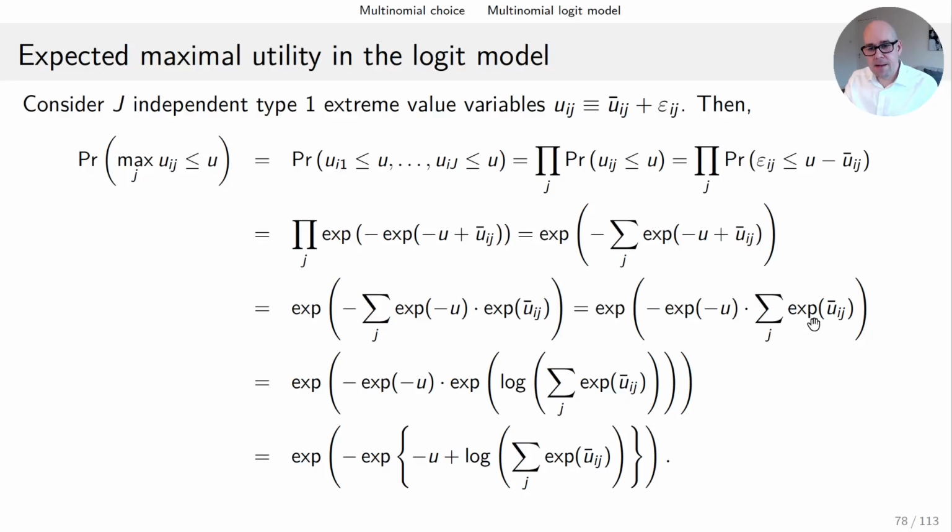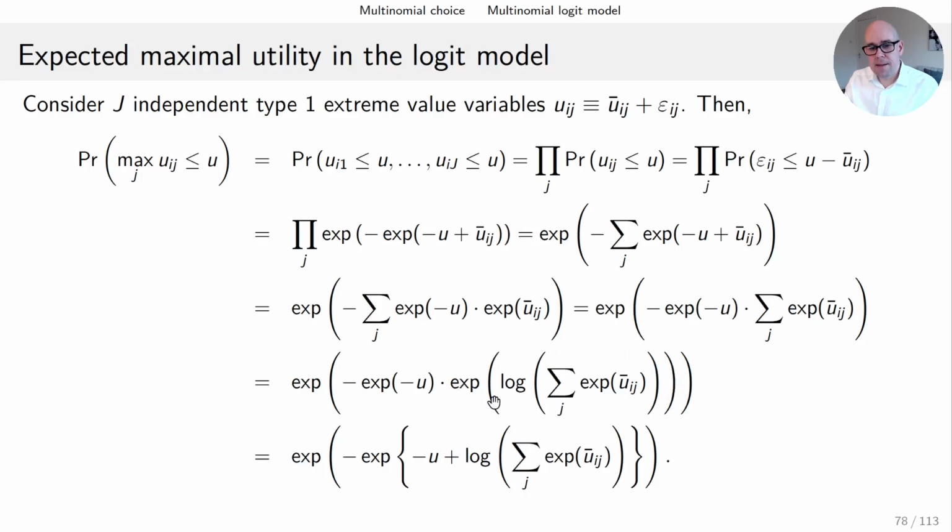And then the next thing I can do is I can write this sum here as simply the exponential function of the log of that sum. So that's in some sense a bit tautological, but it's going to be helpful. So I'm getting this expression here.